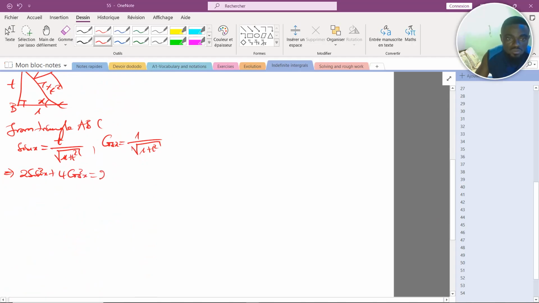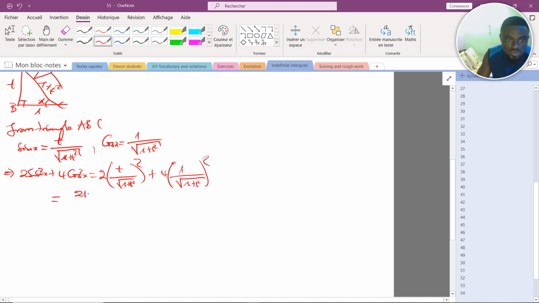So 2 sine square x plus 4 cos square x will be equal to 2 into t on root 1 plus t squared, all that squared, plus 4 into 1 over the square root of 1 plus t squared, all that squared. When I square this, I'll have a t square here.